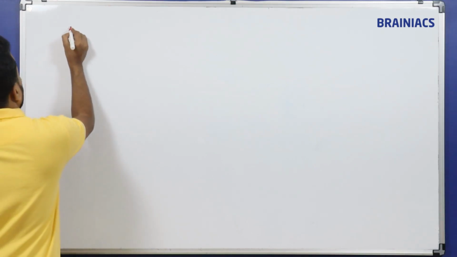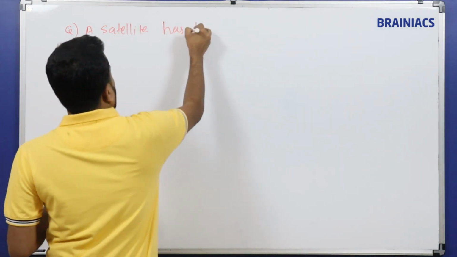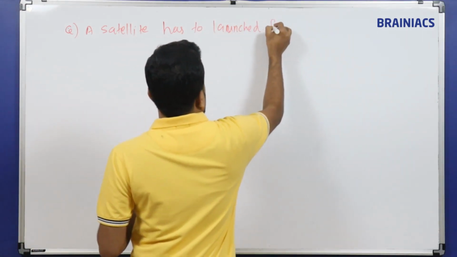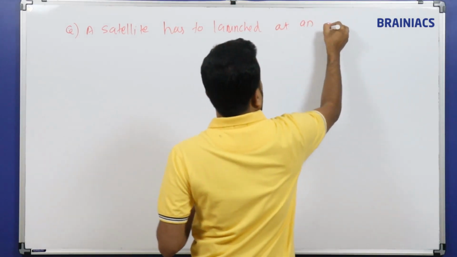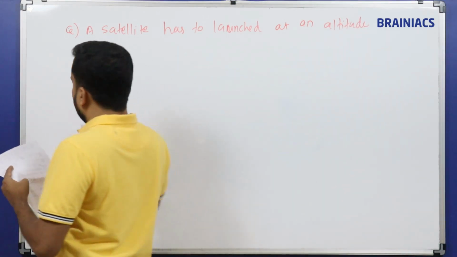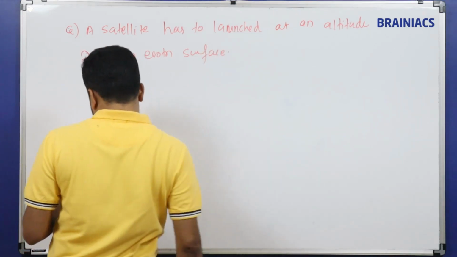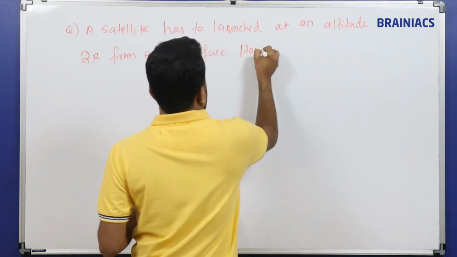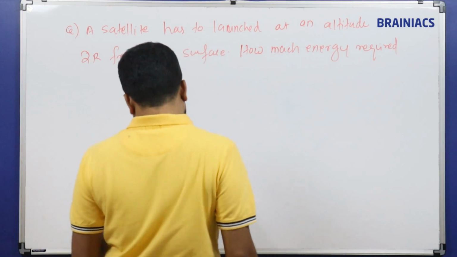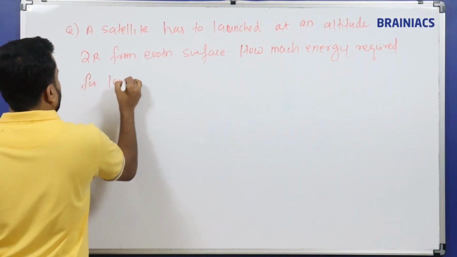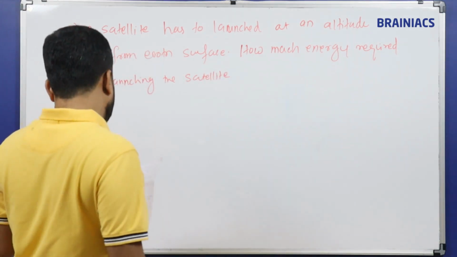The question is, I'll write the question. You can also write. A satellite has to be launched at an altitude 2r from Earth's surface.